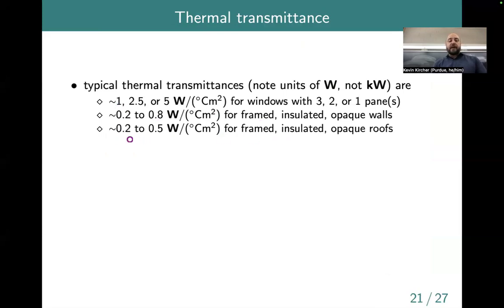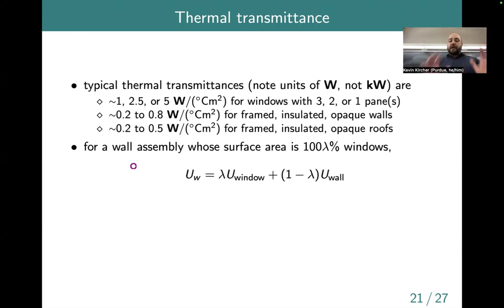And then for roofs, typically the upper bound here is a little bit lower. Usually attics are not highly valuable space, I guess, so typically you can put a big thickness of insulation up in an attic. And for that reason, you typically have higher resistance, and therefore a lower thermal transmittance. But these things come from the geometry and the thermophysical properties of materials that we use to build these things. So how conductive is glass, for example.